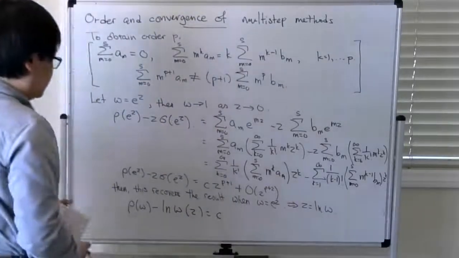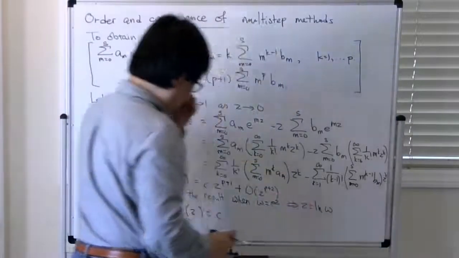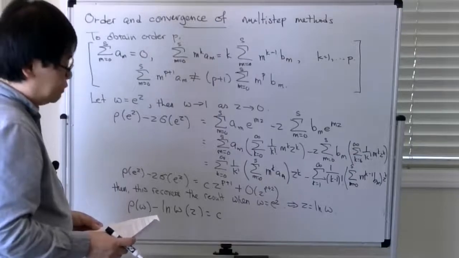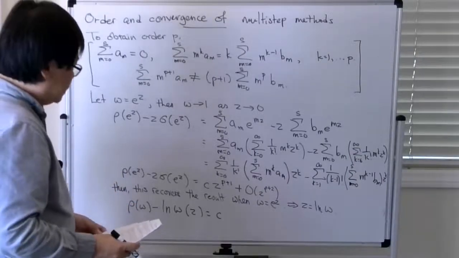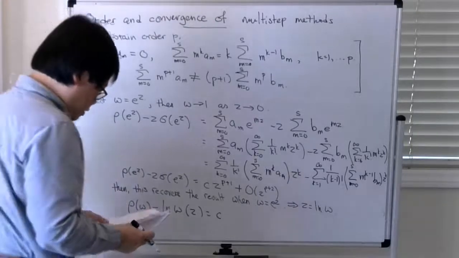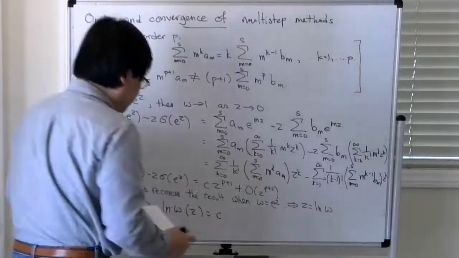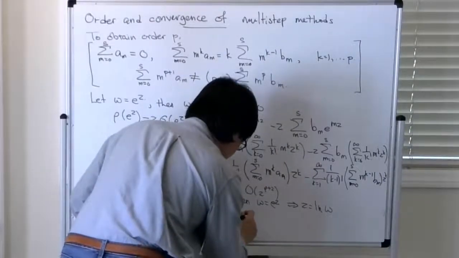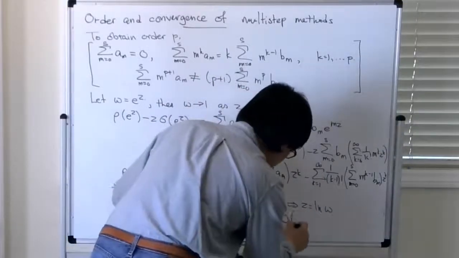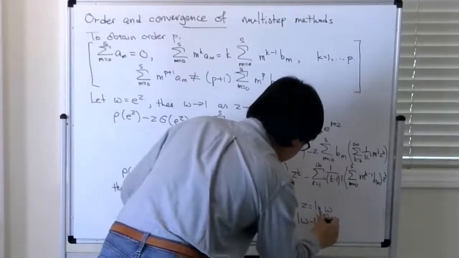Some constant, and what you do basically is write z, the relationship between z and w, in terms of the Taylor series for the natural log. And then what this z to the p plus 1 power corresponds to is w minus 1 to the p plus 1, plus something which is big O of w minus 1 to the p plus 2 power.